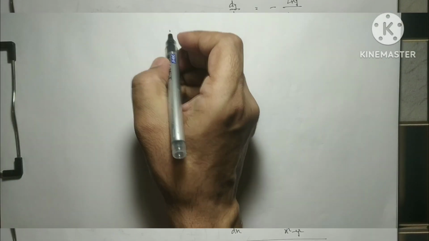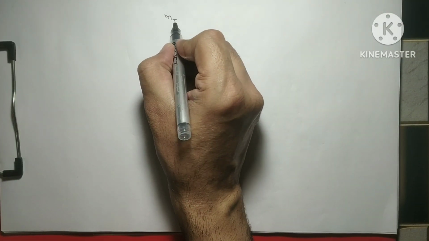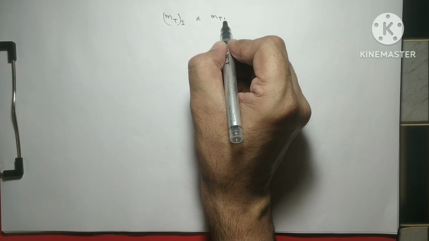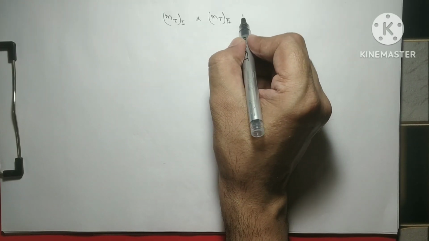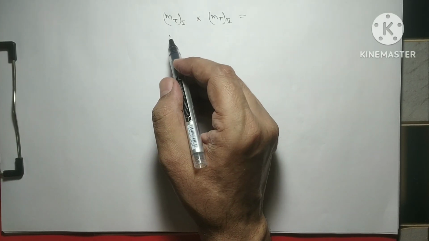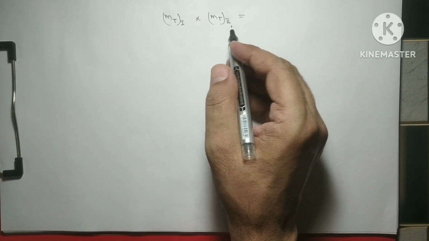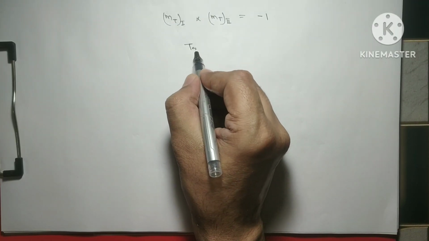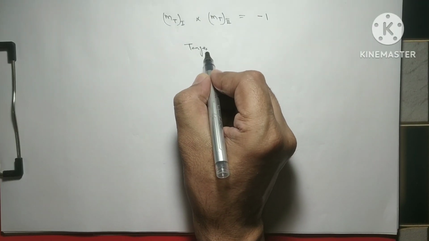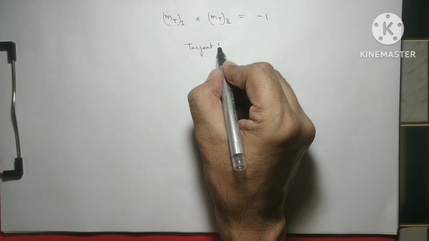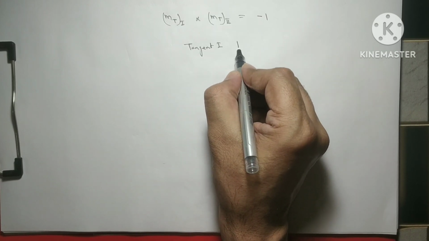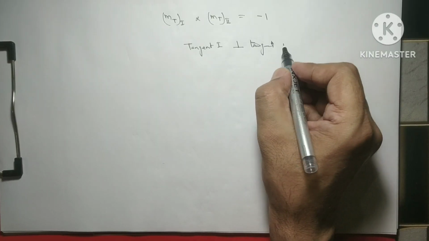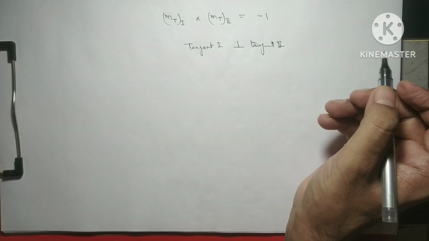So it shows m1 and the second slope, the product of the first tangent slope and the second tangent slope is minus 1. It shows the tangent 1 at the first curve is perpendicular to the tangent 2 on the second curve.